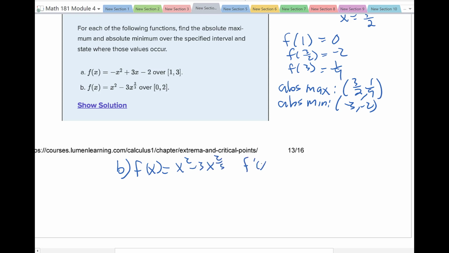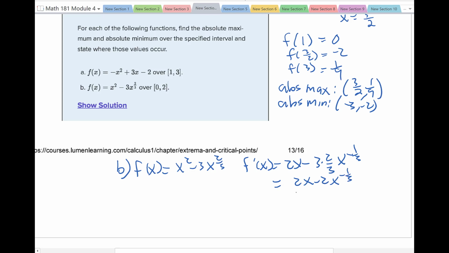So f prime of x is going to be 2x minus 3 times 2/3 x to the negative 1/3, which would be 2x minus 2x to the negative 1/3.